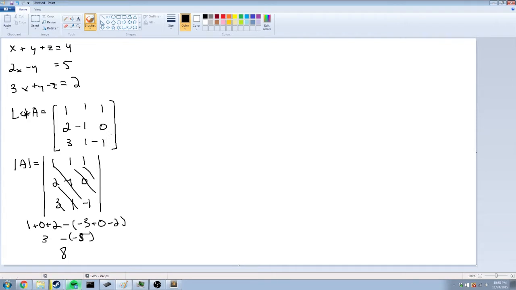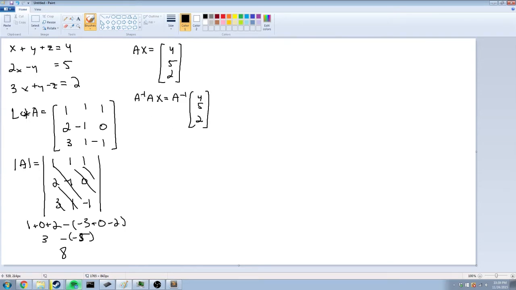So next we want to write this: A times x equals this matrix right here, so it'll be 4, 5, 2, like the answers right here. And then inverse of A times x is equal to inverse of A times 4, 5, 2.